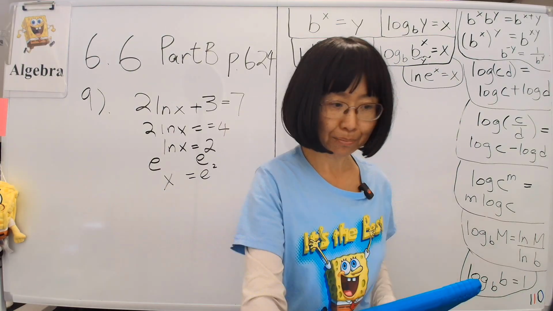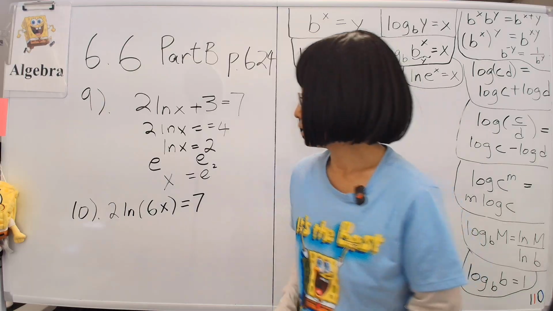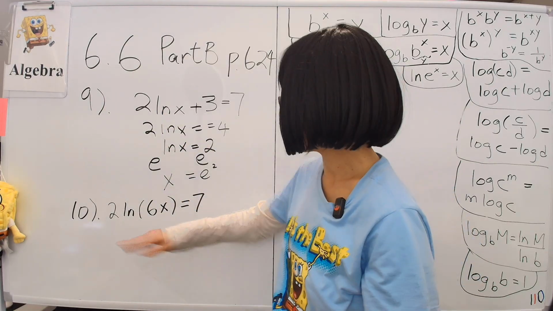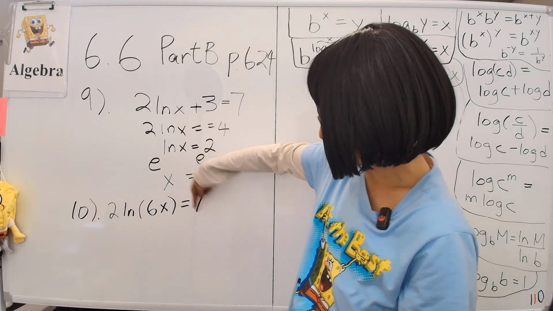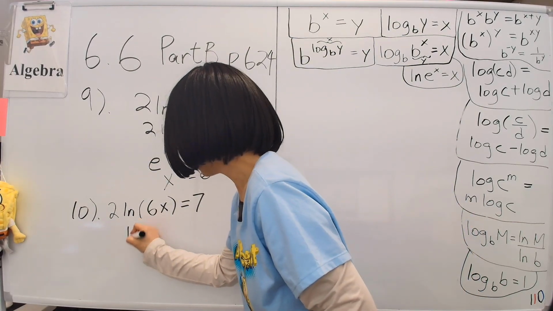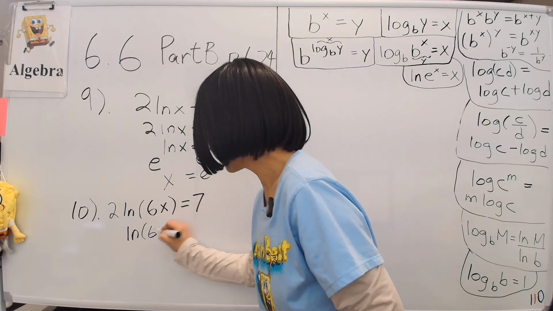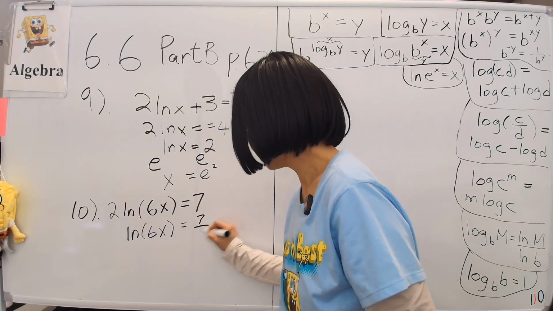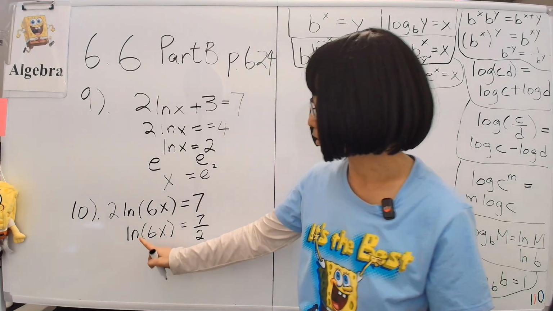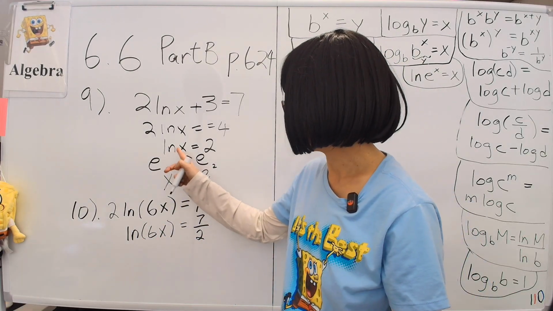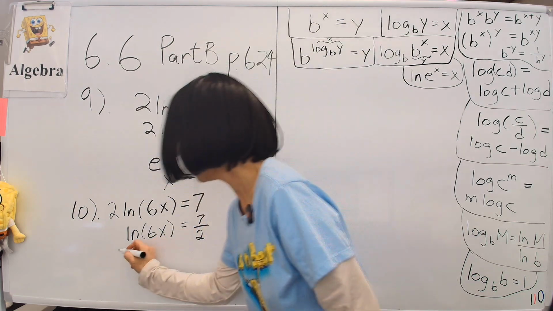Next, let's look at example 10. Now we have a 2 up here. Well, we'll just get rid of it by pushing it across the equal sign down to the bottom. So then we have natural log of 6x is equal to 7 over 2. Now we need to get rid of the natural log, and we'll do the same trick here. To get rid of a natural log, you write a giant e under it.